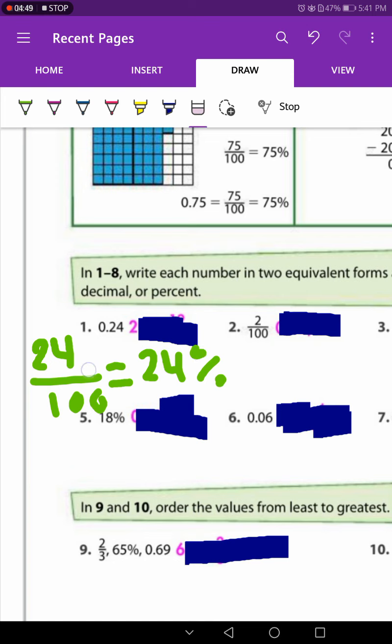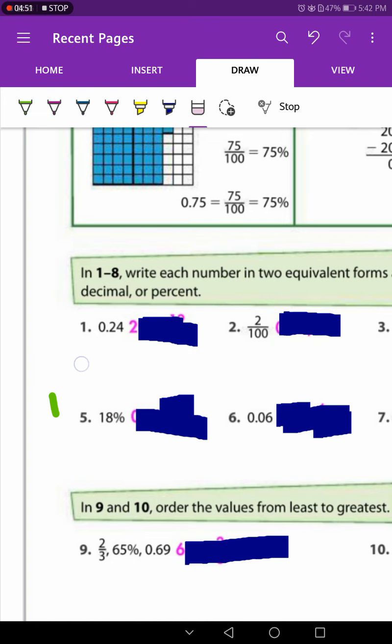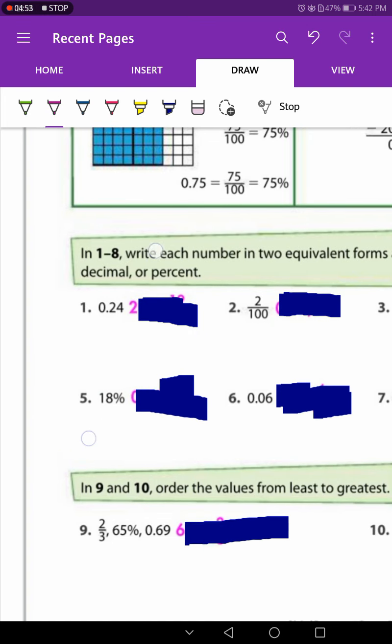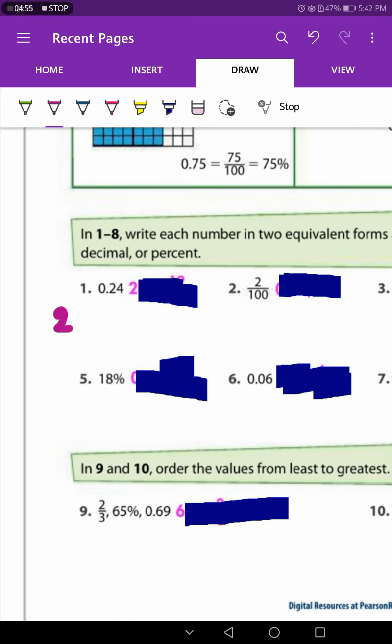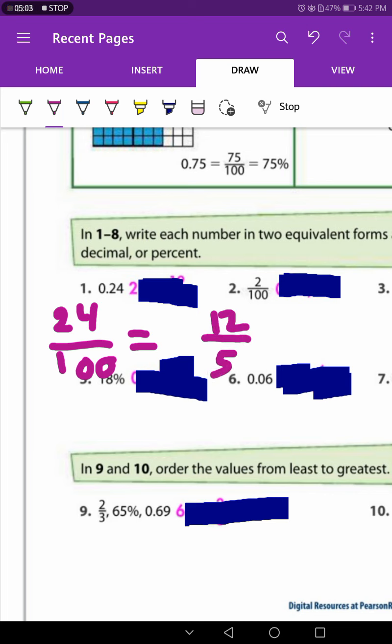If you find the answer like this, you say to me it is 24 over 100. Yes, 24 over 100. And some of you students write it as 12 over 50. Is it correct, Ayman? Yes, it is the same, but we can't make it 12%.